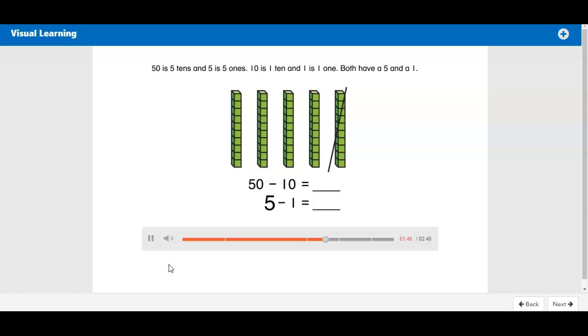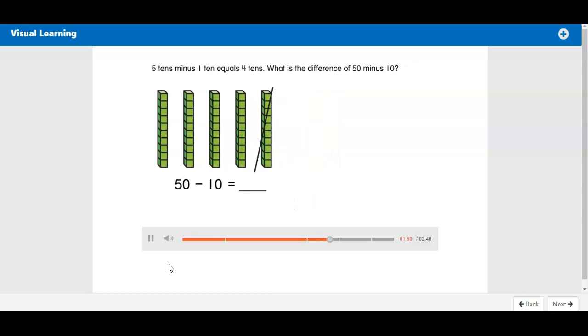Both have a 5 and a 1. 5 tens minus 1 ten equals 4 tens. What is the difference of 50 minus 10?